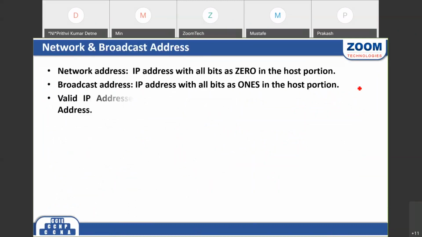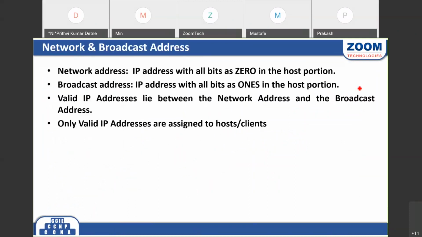You can copy the points. Understand this point clearly. Network address: an IP address with all bits as zeros in the host portion. Broadcast address: an IP address with all bits as ones in the host portion. Valid IP addresses lie between the network ID and the broadcast ID.